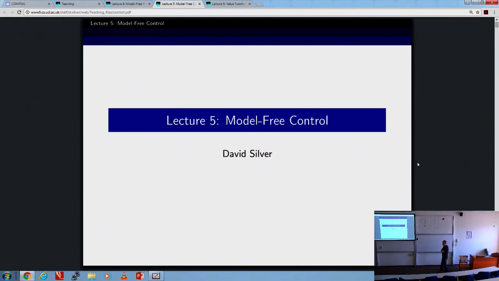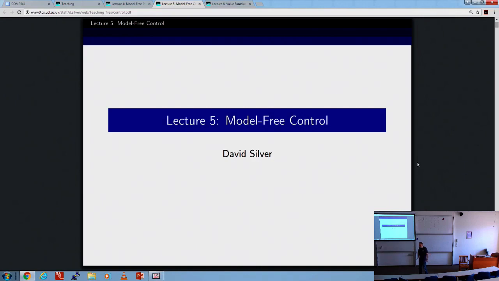So does everybody remember policy iteration and value iteration? Policy iteration was the algorithm where we first evaluate the given policy using Bellman updates. And once we have a value function, we then improve the policy by acting greedily according to this value function, and then we go back and forth until it converges.